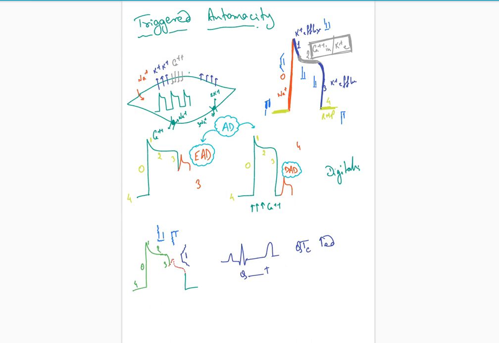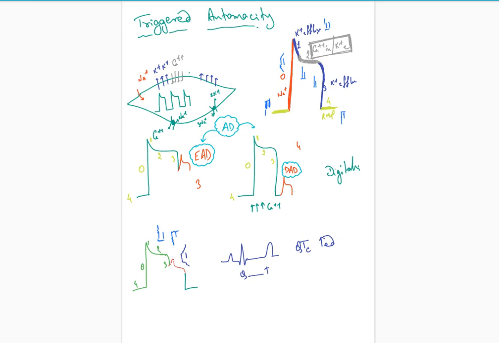How can the plateau phase get prolonged? It can be because of two reasons. Either there is calcium influx prolongation, calcium is entering for a long duration, or there can be potassium efflux prolongation. In both these cases there will be plateau phase prolongation.